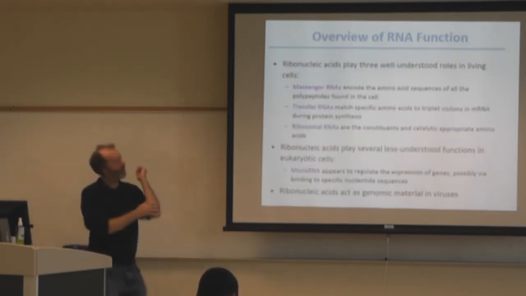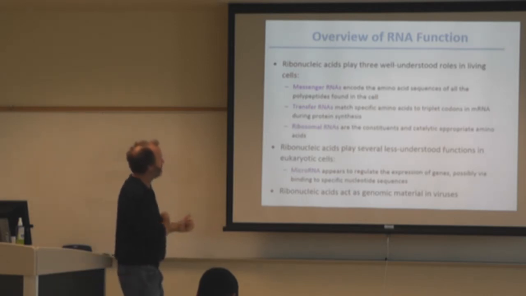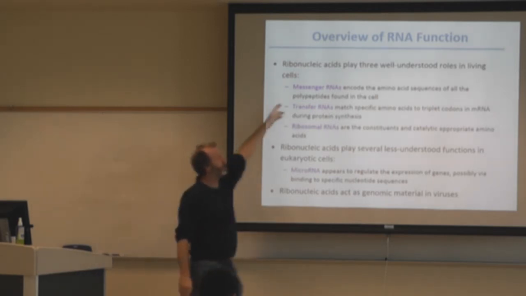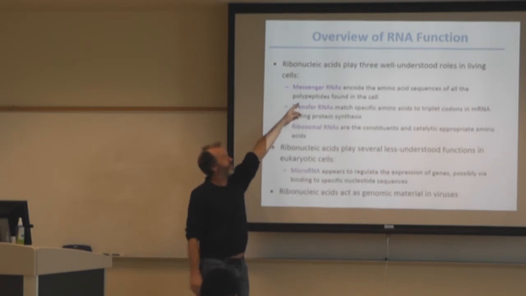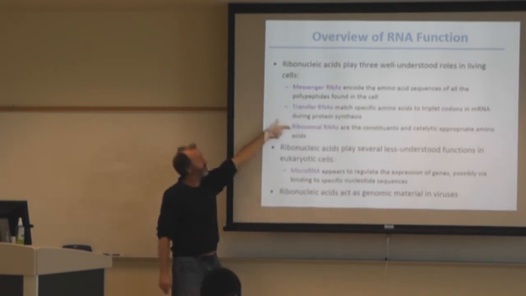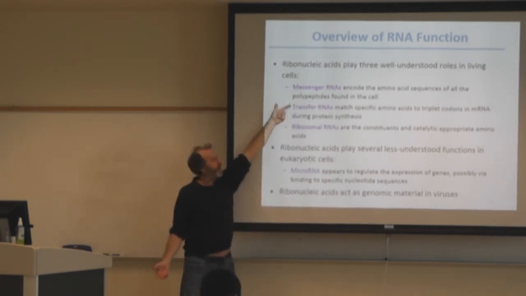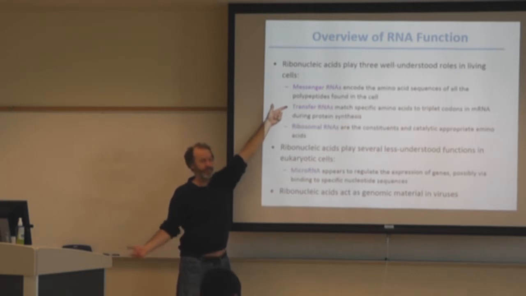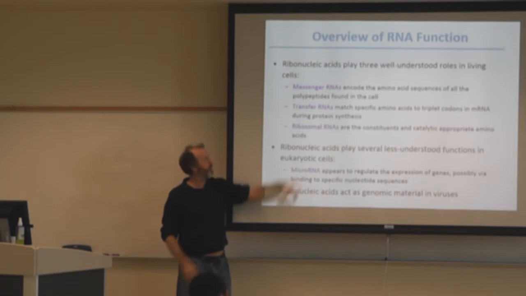So, overview of RNA function. Ribonucleic acids play 3 well understood roles, right? So, we've all heard of these. Messenger RNAs deliver the code to the ribosome so we can make a protein.